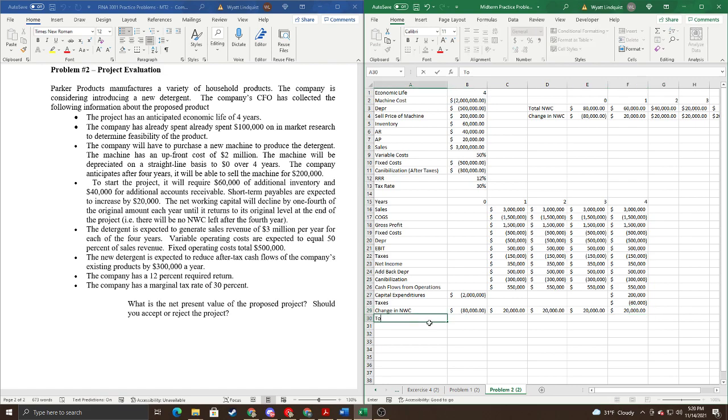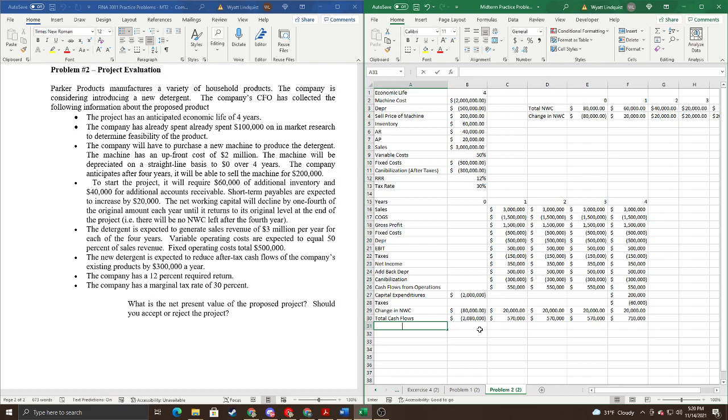We're just going to do the total cash flows, and we're going to do the sum of the cash flows from operations plus all these other things. We're going to make these dollar signs, get rid of the decimals, and we're going to just copy it all the way across. So there we have it, our total cash flows that we should get in each year.